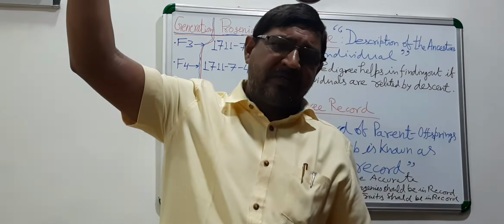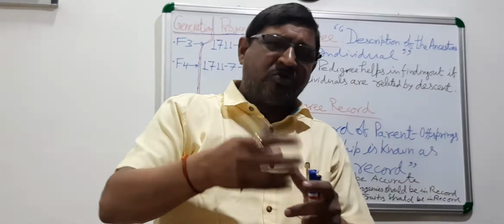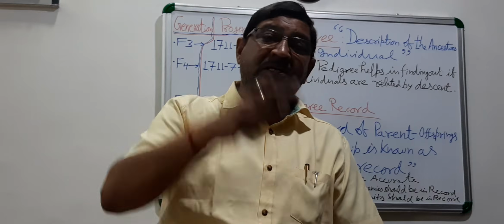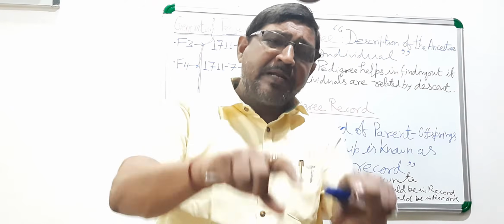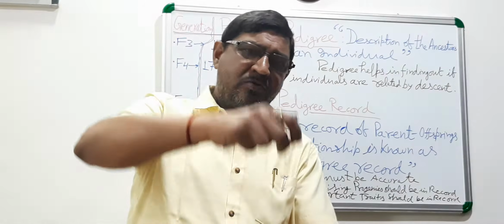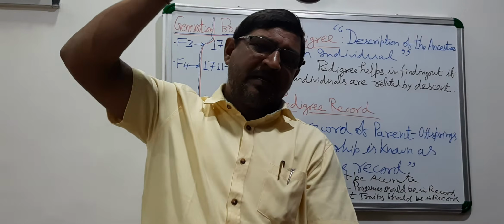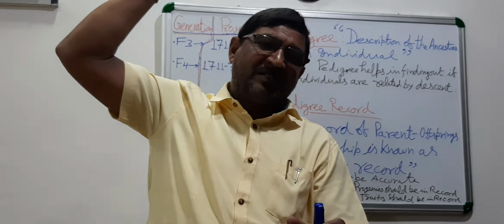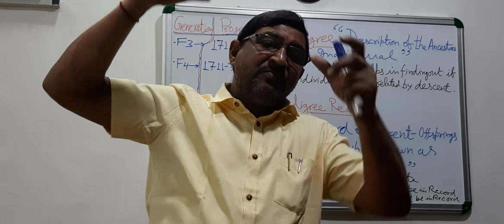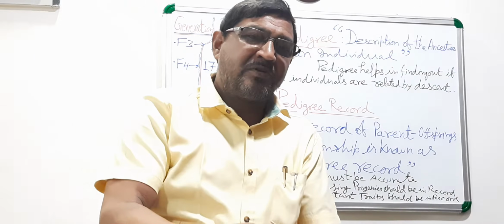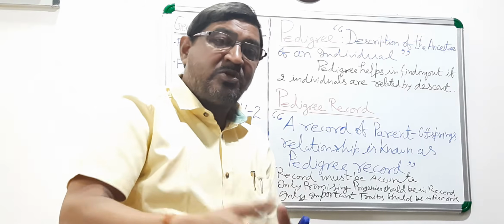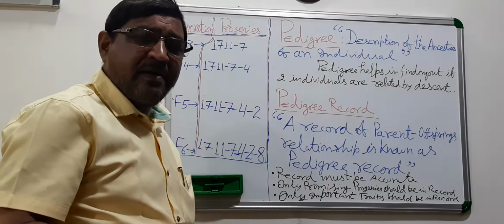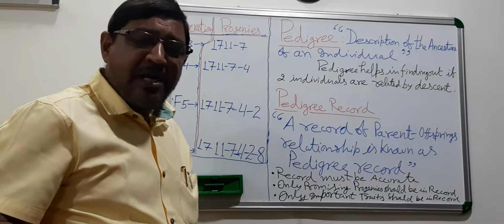If you relate many offsprings, you can see how two offsprings are related by descent. Similarly in plants, whatever plants we are selecting, we can go through the record and trace back their ancestors, and then understand the parentage of these two individuals and how much they are related to each other. This is how the pedigree helps.